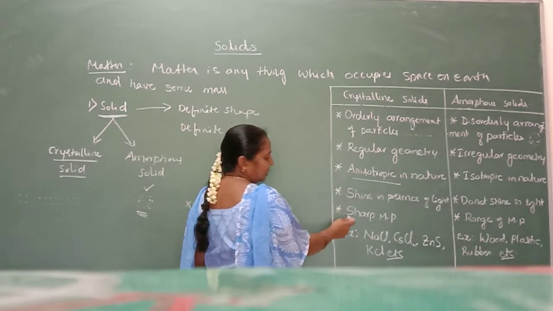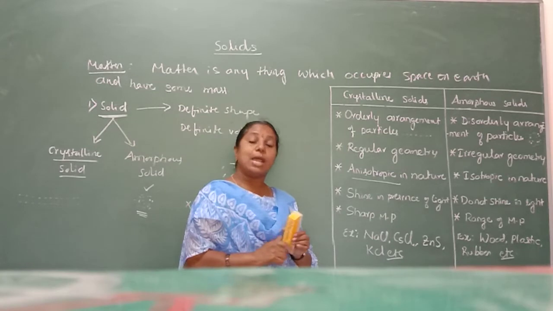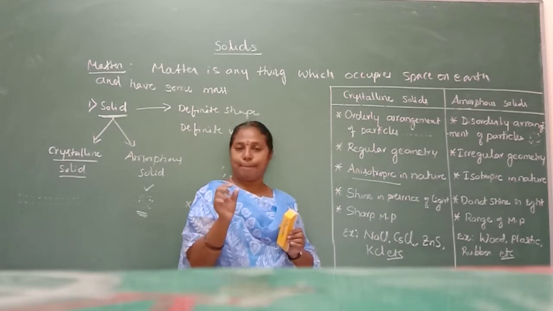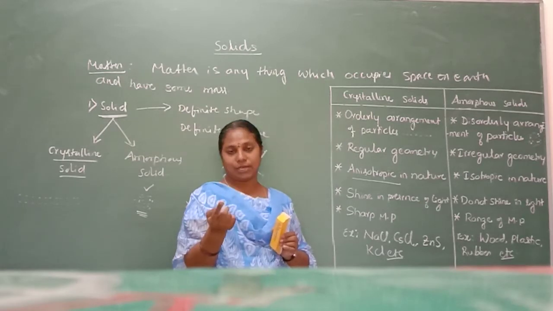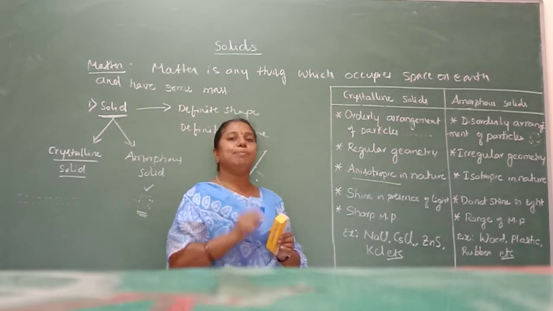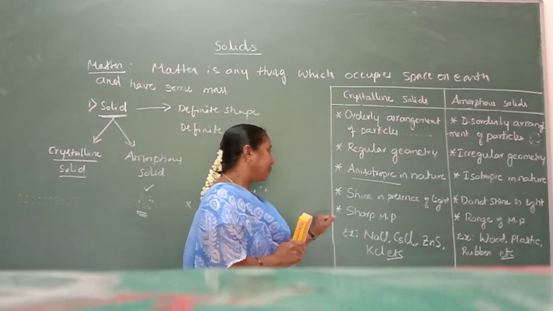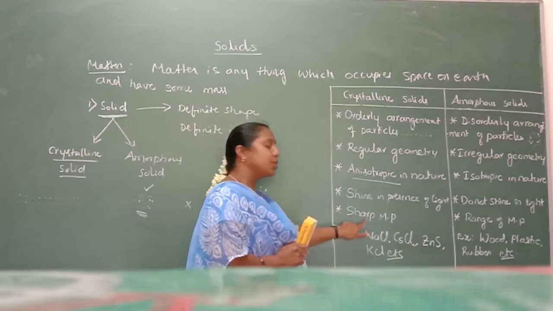Crystalline solids have a sharp melting point. So what is meant by melting point? Melting point is nothing but the temperature at which the solid undergoes liquefaction. So the solid is converted to liquid, and the temperature at that point can be taken as the melting point. Coming to the crystalline solids, they have a sharp melting point.